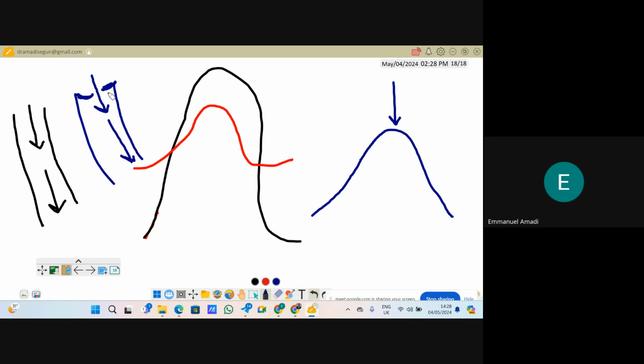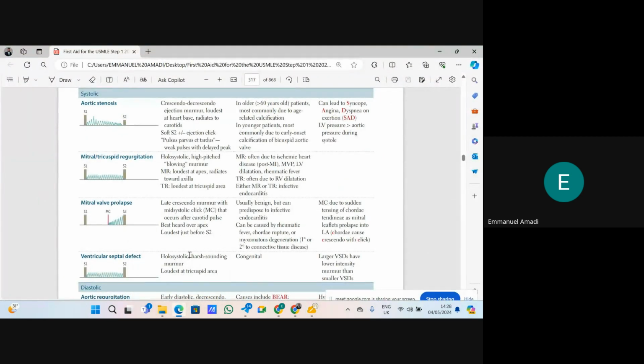Dyspnea will happen because you're not getting enough. Syncope will happen because there will be reduced blood going to the brain. You will have angina, reduced blood going to the heart. Every system is no longer getting enough. That is what precipitates those symptoms. So that is classically what you see in aortic stenosis.